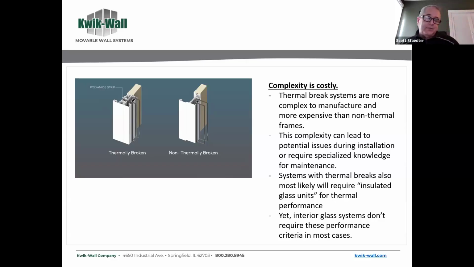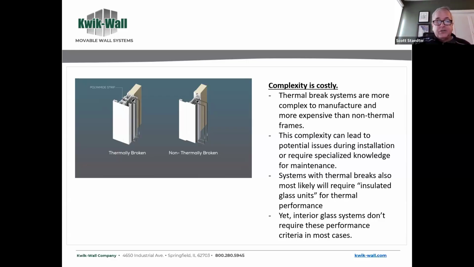You've got to make sure that you have a thermal break there, and it's way more expensive to create those thermal break frames with the polyamides between them than it is to do the non-thermal. And it also, right, makes it so you have to basically use an IG unit, an insulated glass unit. All of these things are more complicated and more costly.